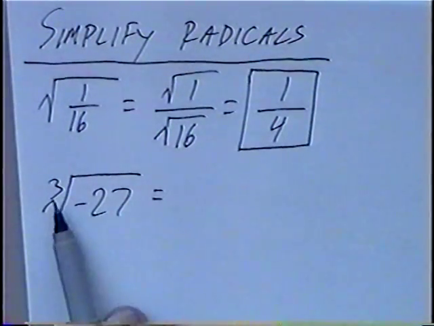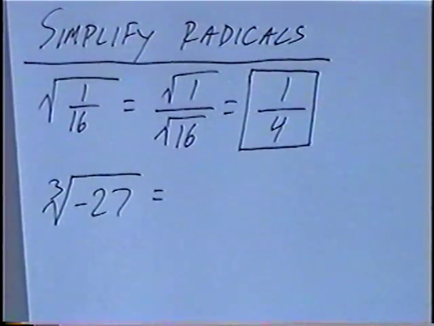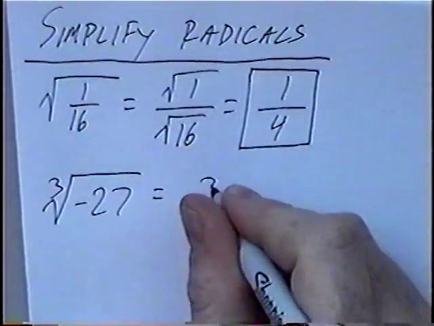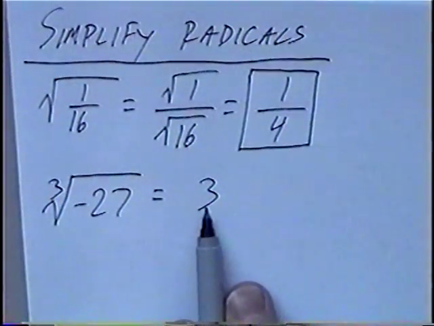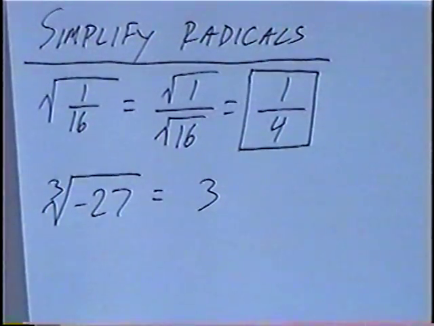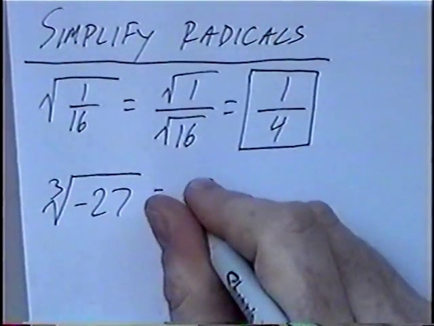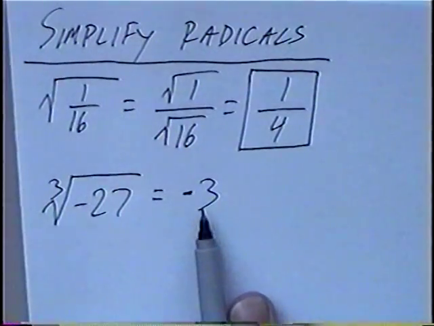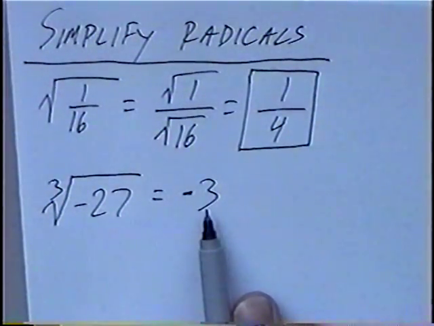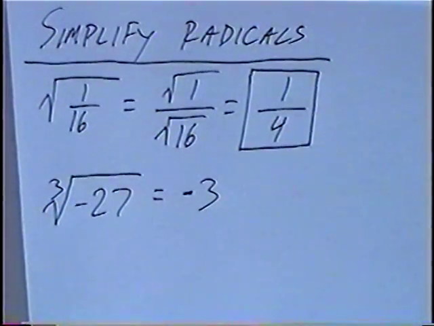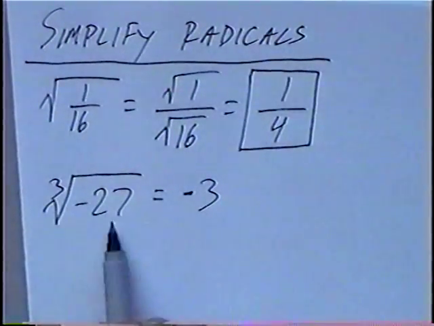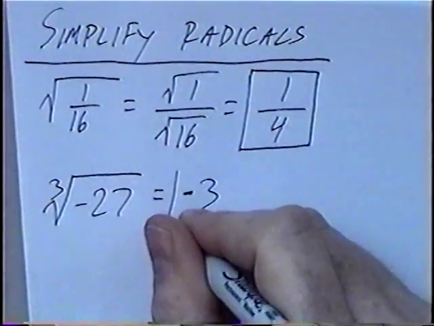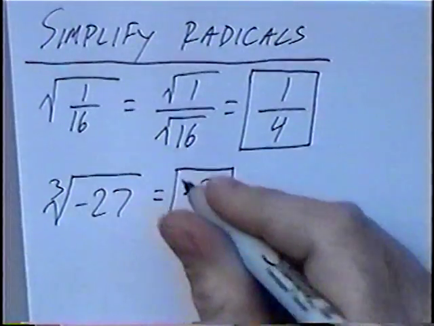Thinking about a number times itself 3 times, that's 27 or -27. If we take the number 3, 3 times 3 times 3 will be 27. And if we make it negative, -3 times -3 is 9, times -3 will be -27. So the cube root of -27 would be -3.